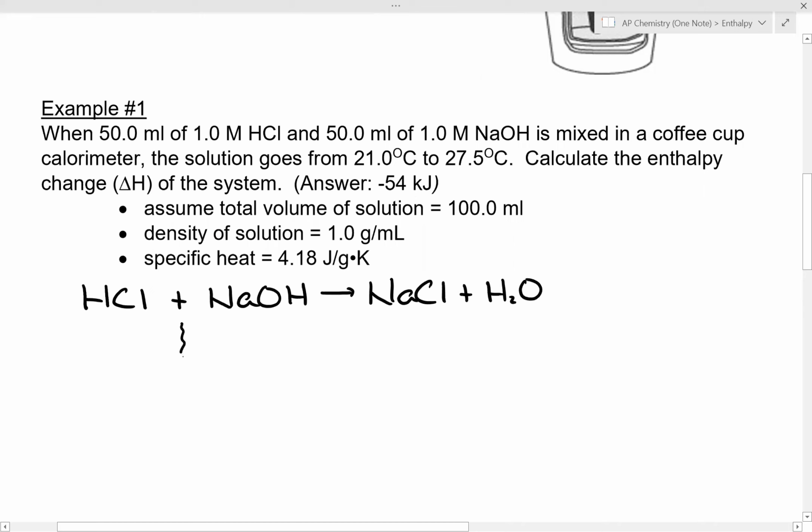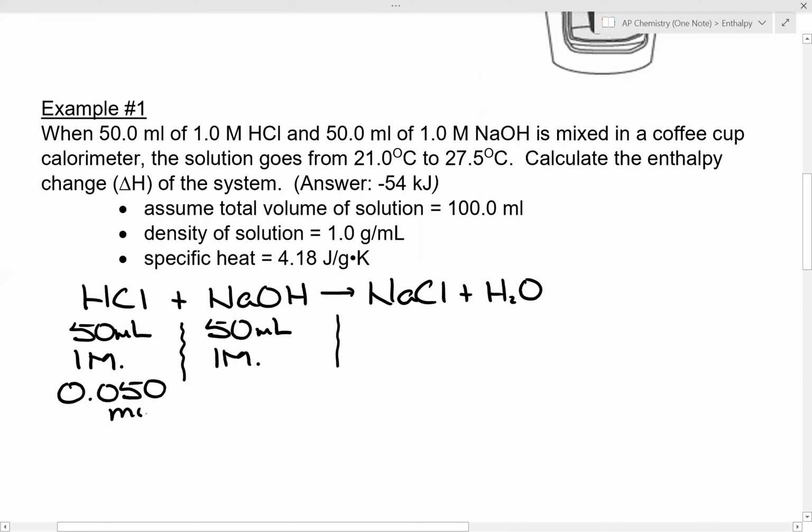And what you have here is the number of moles. You have 50 mL here, 50 mL here, 1 molar here, 1 molar here. So you have 0.050 moles.